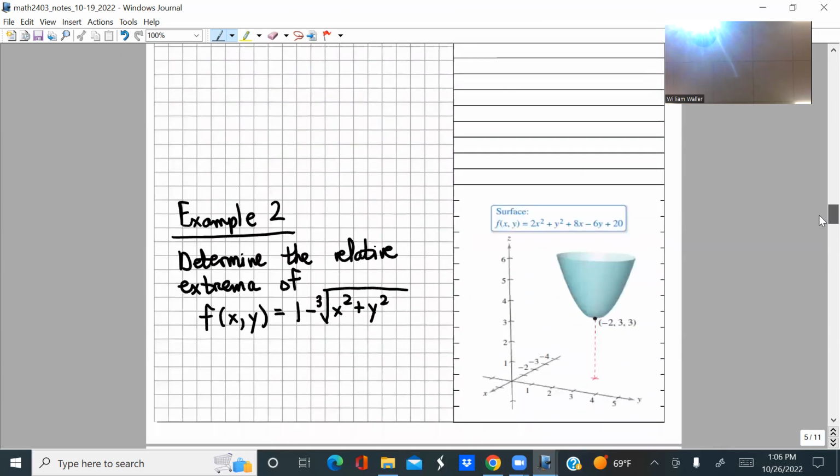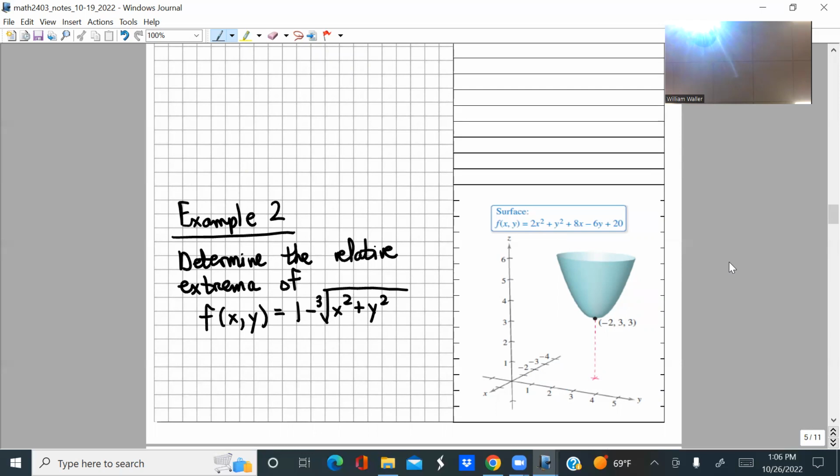So here's the surface. Oh, so that looks like what is that thing? A parabola, some sort of paraboloid or hyperboloid or something, right? That's a quadratic surface of some type. So there it is, and sure enough, there's minus 2 and 3 right at the vertex of that surface.